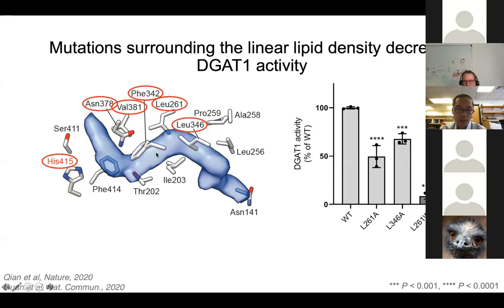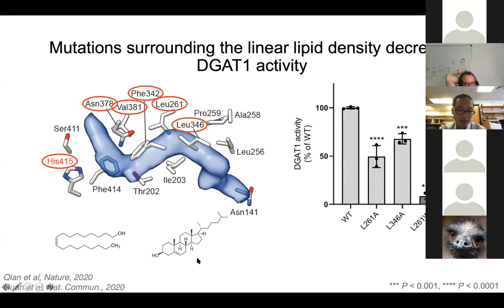So this region is definitely important for the activity. And the linear shape of this region also explains why DGAT1 can recognize linear substrates such as DAG as well as fatty alcohol, but exclude the bulky potential substrate cholesterol.